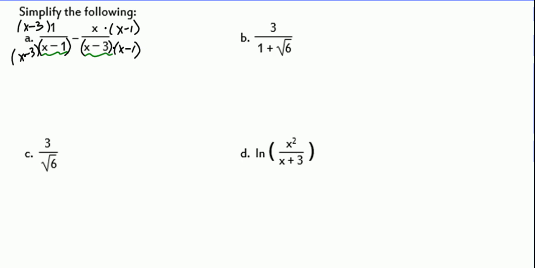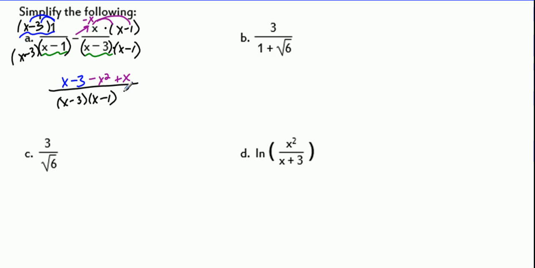Now you're going to get one fraction with the common denominator of x minus 3 times x minus 1. On the first term up here, x minus 3 times 1, I distribute the 1 and get x minus 3. Up here, I'm going to distribute the x, and I'm also going to associate the negative with the whole second fraction, so I'm really multiplying a negative x through. That gives me negative x squared plus x.